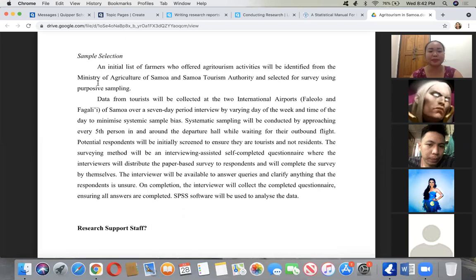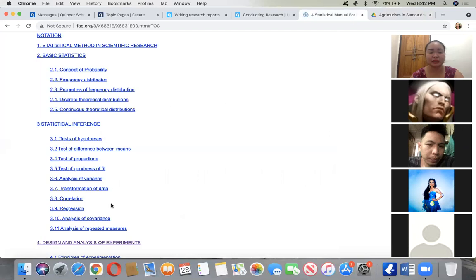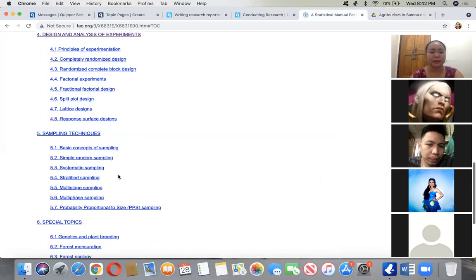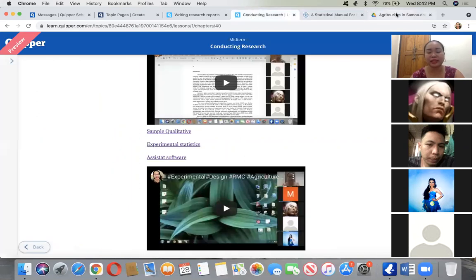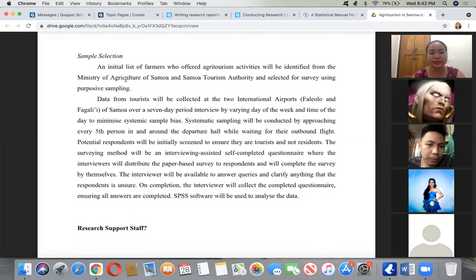So lastly, the sample selection. Ito yung what I've been mentioning about sampling techniques. So in the selection, you can state here an initial list of farmers who offered agritourism activities are identified from an agency like the Ministry of Agriculture in Samoa or the Tourism Authority in Samoa and selected for survey using purposive sampling.